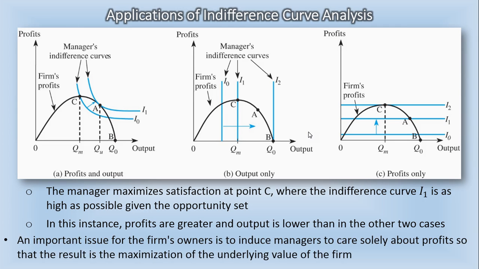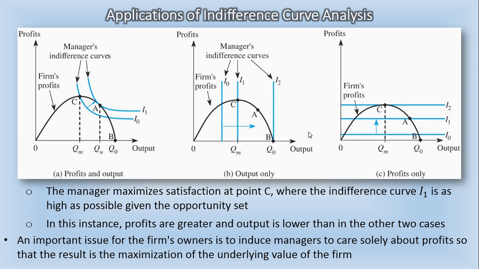So an important issue for this firm's owners is to induce managers to care solely about profits, so that the result is to maximize the underlying value of the firm. Using this kind of analysis, you can conclude that in order for a firm to maximize its profits, the approach has to be to incentivize managers to care about profits, not about output.